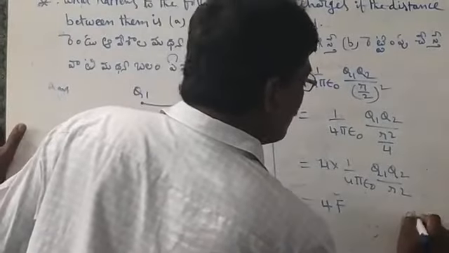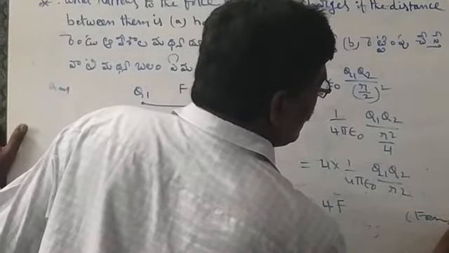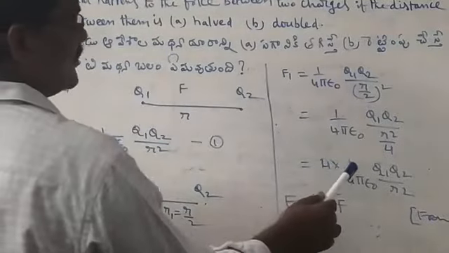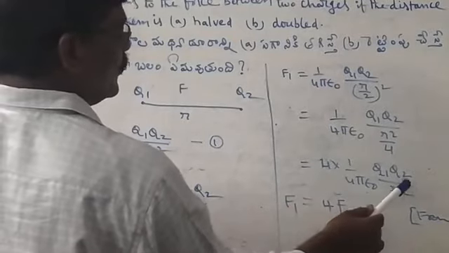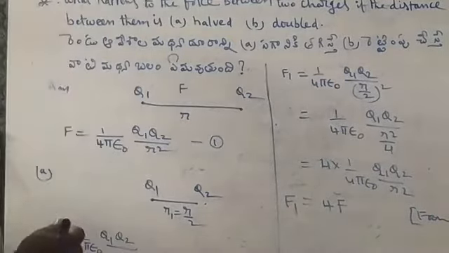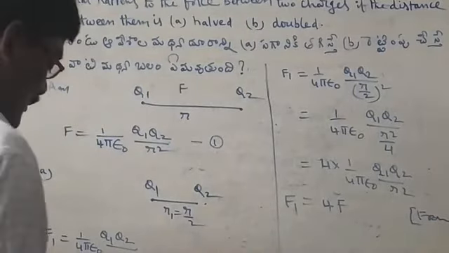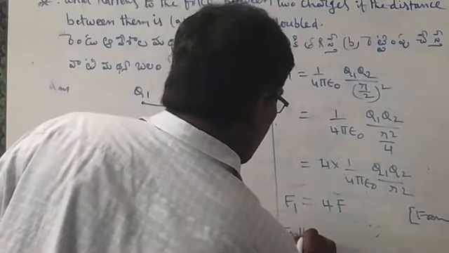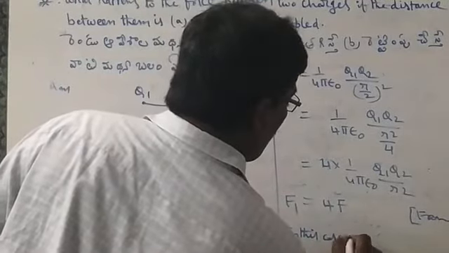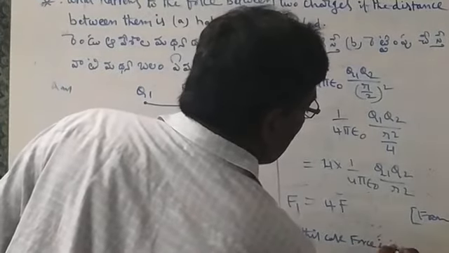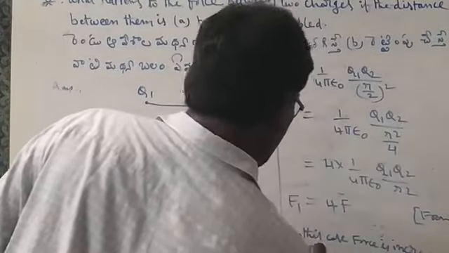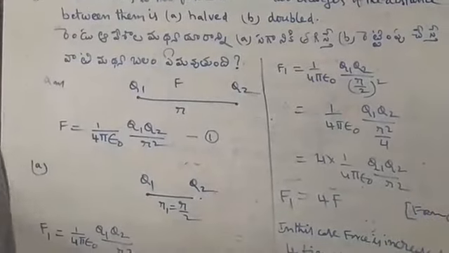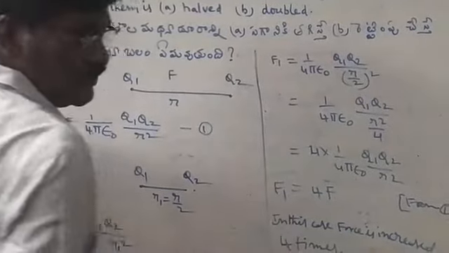From equation number 1, 1 by 4 pi epsilon naught into Q1 Q2 by R square is equal to F. In this case, the force is increased by 4 times.